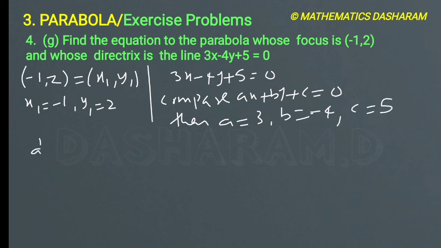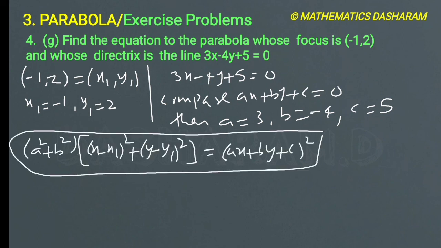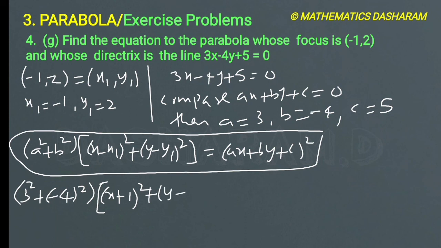Now the required formula is (a squared plus b squared) times [(x minus x1) whole square plus (y minus y1) whole square]. So a value is 3 squared, b value is minus 4 whole square, times (x plus 1) whole square plus (y minus 2) whole square.